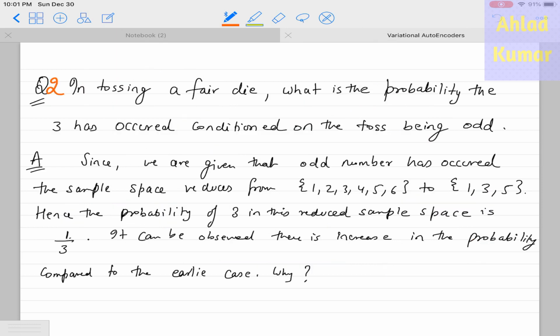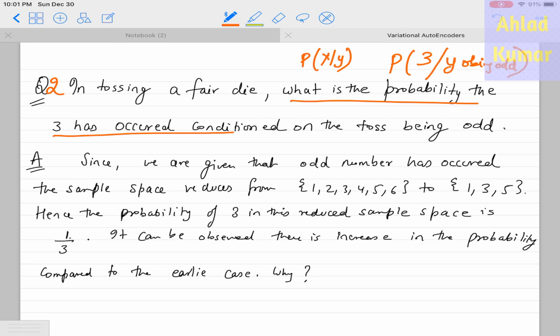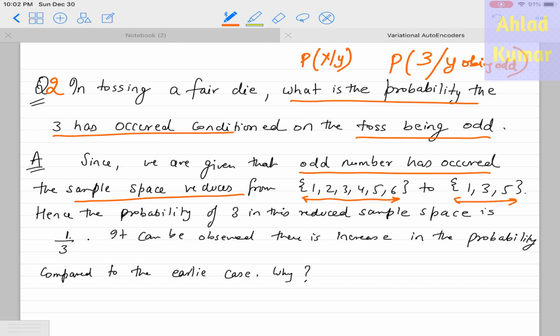So this is the second example, and in this, in tossing a fair die, what is the probability that 3 has occurred conditioned on the toss being odd. This is important. What we want is a conditional probability, and what we have to obtain is the probability of 3 conditioned on Y being odd. Since we are given that an odd number has occurred, the sample space, which was earlier 1, 2, 3, 4, 5 and 6, will be reduced to 1, 3 and 5, because now we are focusing on the odd samples.